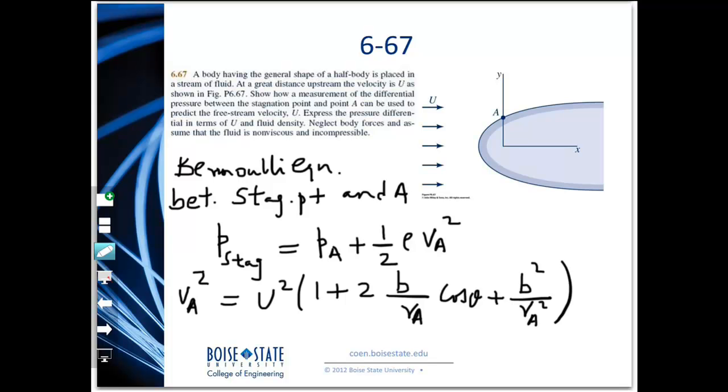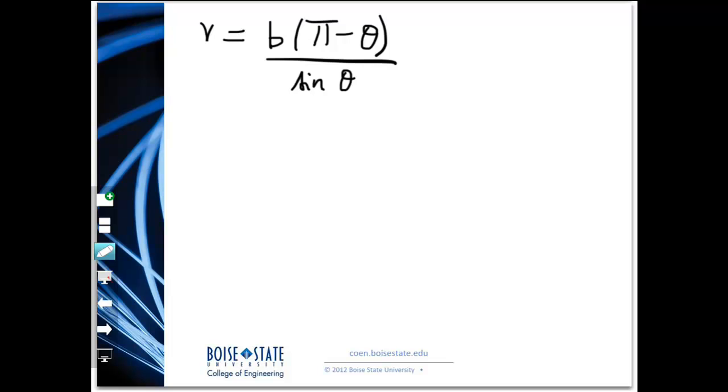And you can look up what exactly are RA and B in those figures on those pages. And similarly, if you look up the analysis there, which will be equation 100 in chapter 6, R will be B times pi minus theta over sine theta. Okay, and then if you want to compute this at point A, your angle theta is 90 degrees. So RA, to be specific, will be pi B over 2.